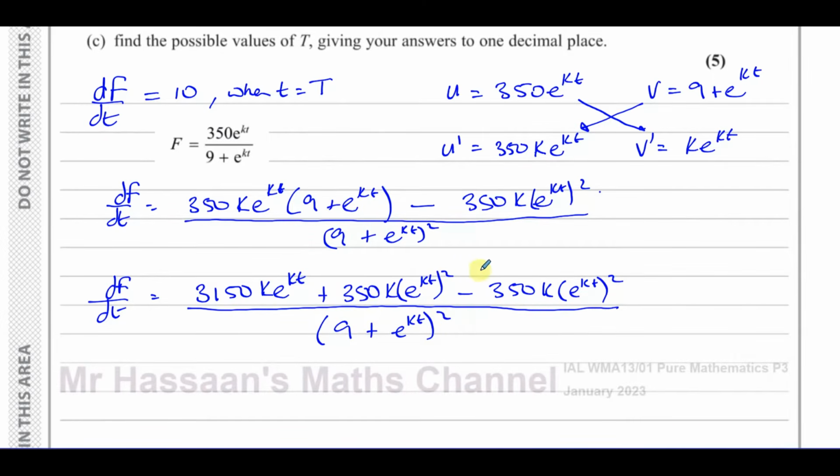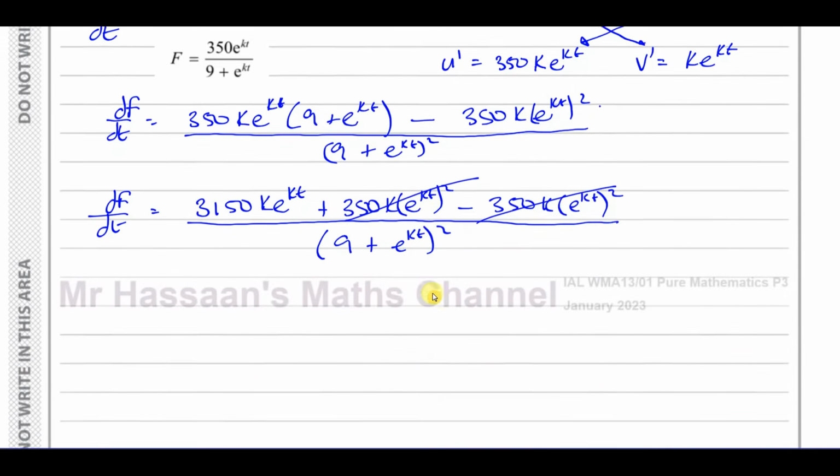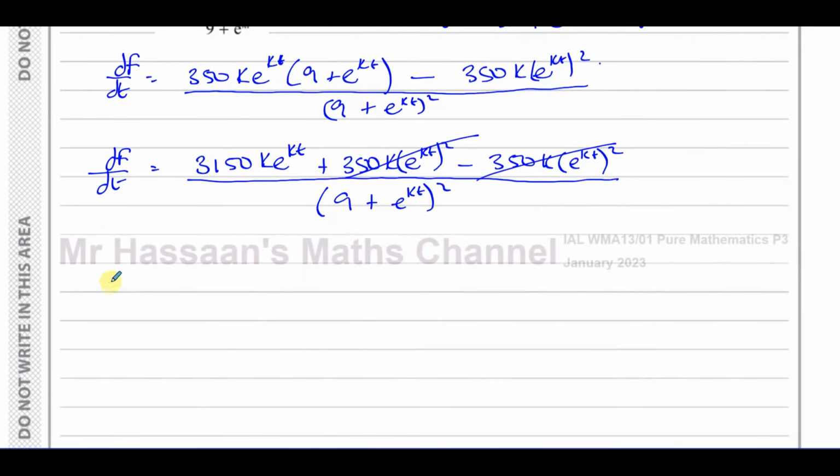So these two cancel out because they're the same thing, one positive, one negative. So we're left with an expression for df/dt: 3150 times k e to the power of kt over 9 plus e to the power of kt all squared.